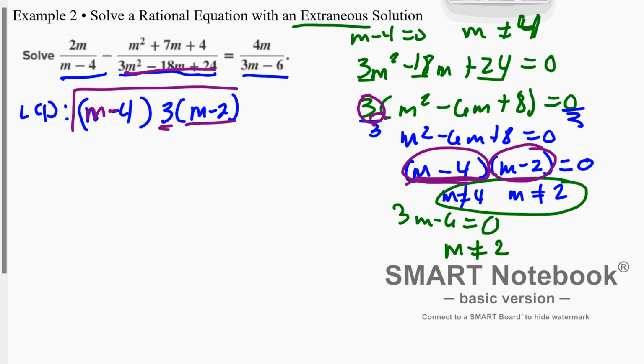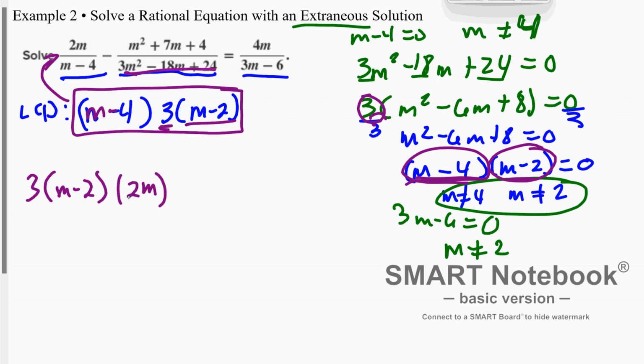So we're going to take this, and we're going to multiply by this one. So what happens is the m minus 4 on bottom is going to cancel, and then we just get 3 times m minus 2 times our top, 2m. Okay, then on this fraction, we're going to take this and multiply it by this fraction, and this time everything's going to cancel out on bottom with everything right here, so we just get left with minus m squared plus 7m plus 4.